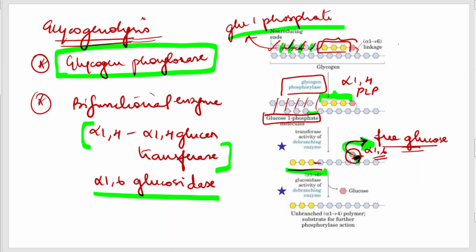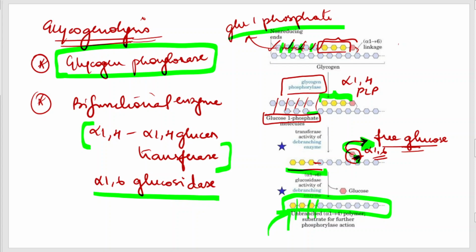Right? So glycogen phosphorylase liberates the residues as glucose 1 phosphate. Alpha 1,6 glucosidase will liberate the glucose at the branch point as free glucose. So finally, again an unbranched polymer is obtained. From this unbranched polymer, again glycogen phosphorylase will act and remove these glucose residues as glucose 1 phosphate.